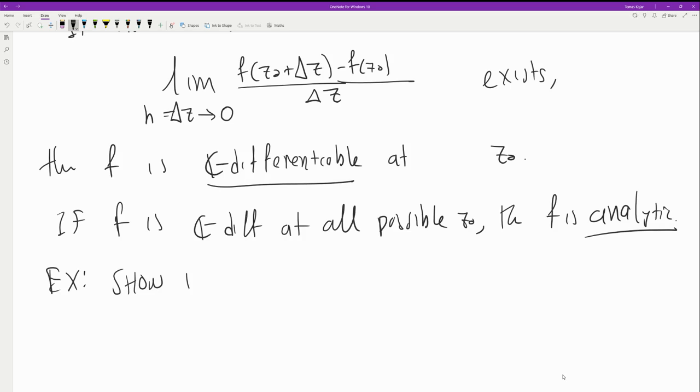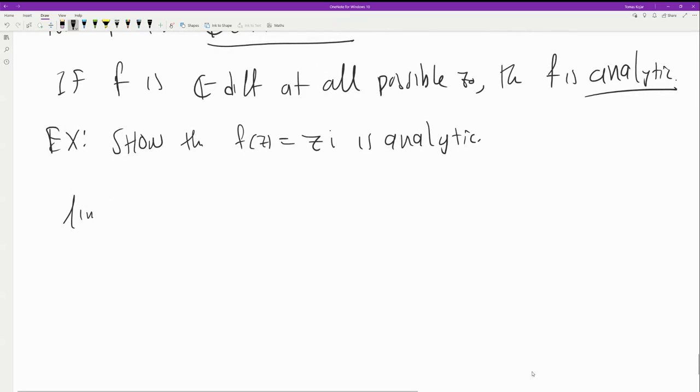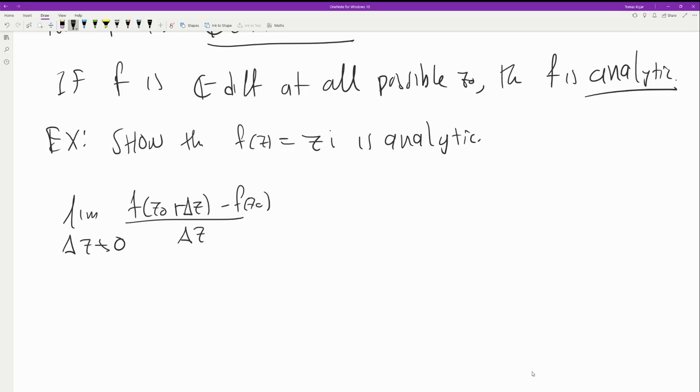So show that f of z equals i times z is analytic. Okay, so we take an abstract arbitrary point z naught. Right away, we note that the function is linear. So we have i z naught plus i delta z minus i z naught, so these two cancel out.